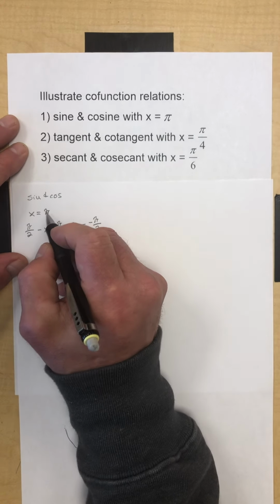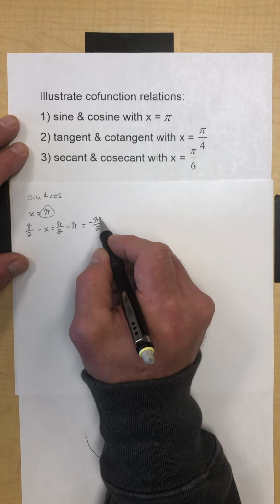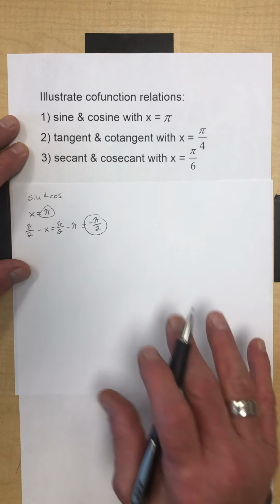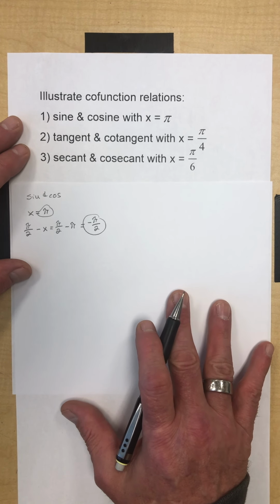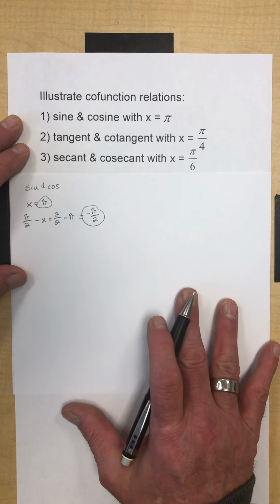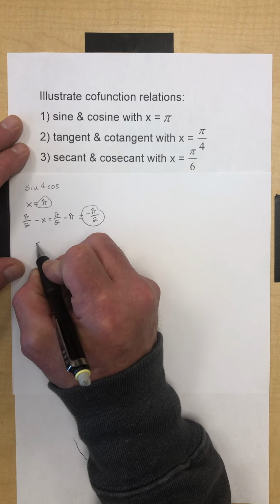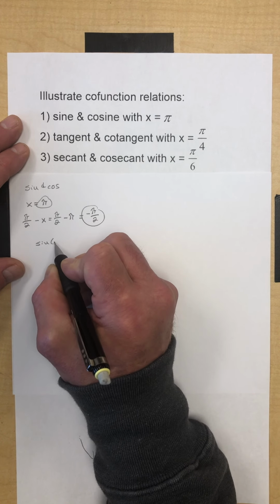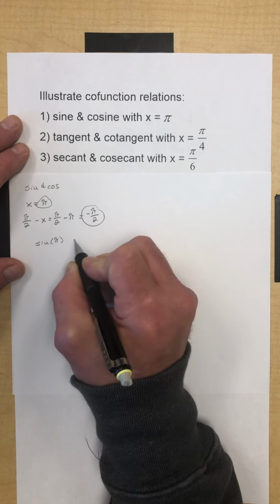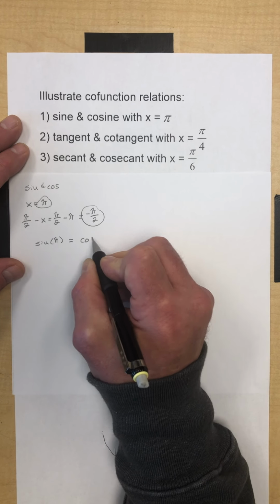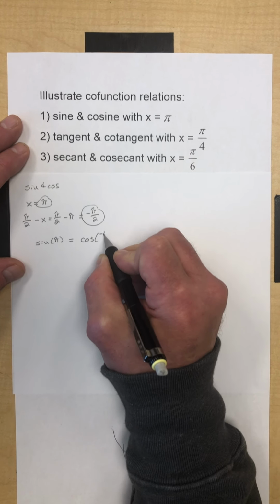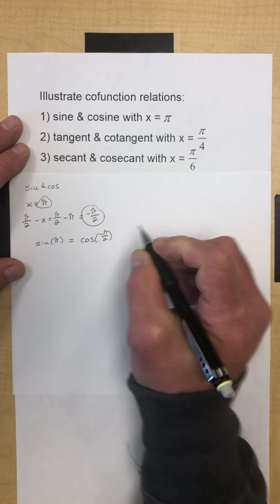So these are the two angles we have to work with right there. And so if sine and cosine are co-functions of each other, then the sine of one of those angles, pi, has to be equal to the cosine of the other angle, negative pi over 2.